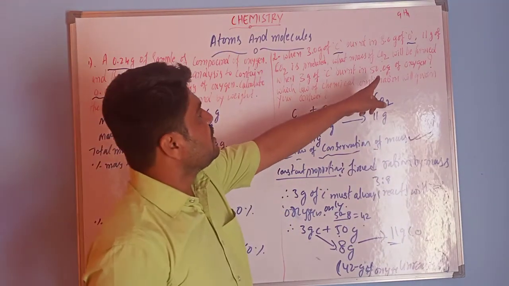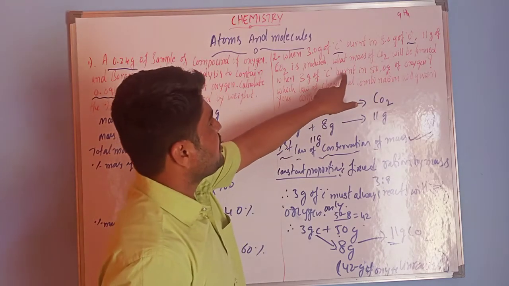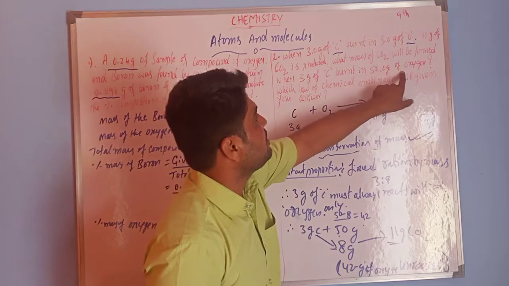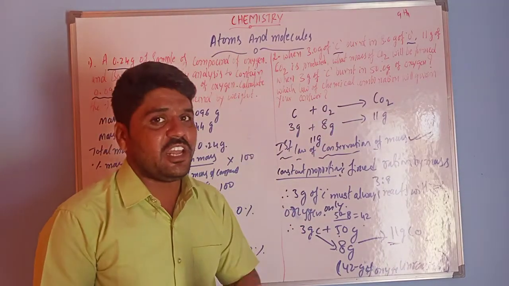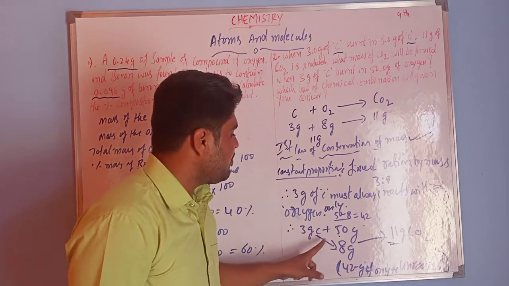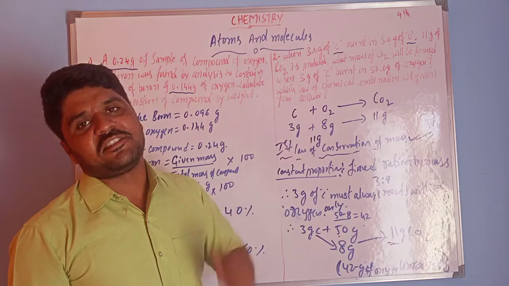So your answer: 11 grams of carbon dioxide only. Why? Because only 8 grams of oxygen reacted, and the remaining 42 grams is unreacted.